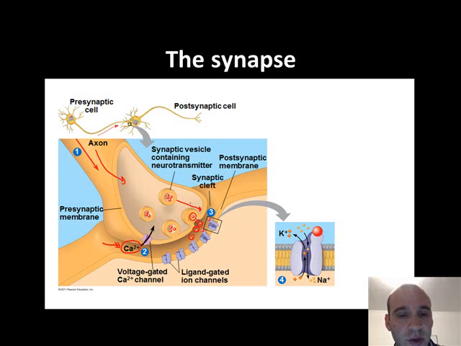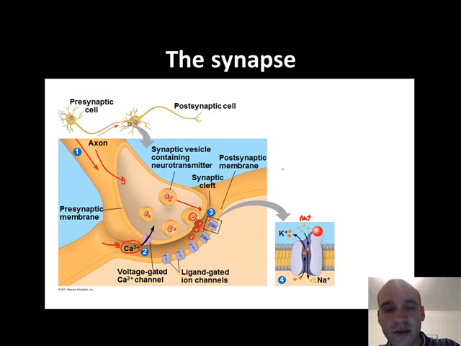Then they're going to bind on these channels, and these are ligand-gated ion channels. When they bind, they allow sodium ions to enter the postsynaptic neuron, and also some potassium ions can leave.